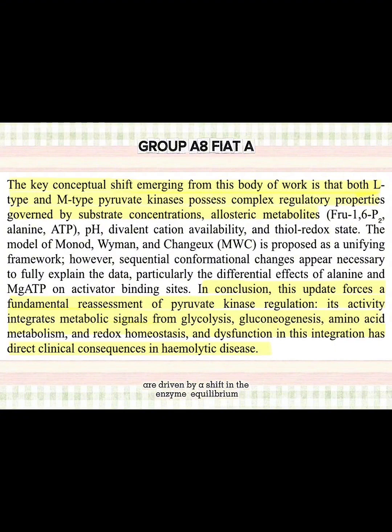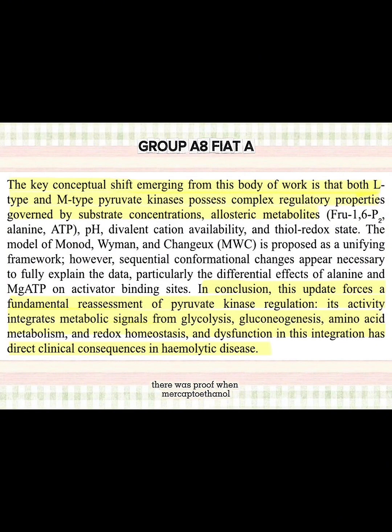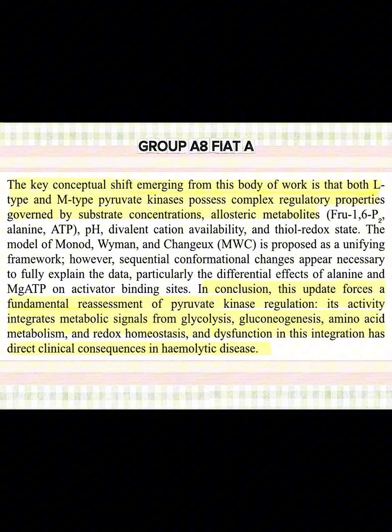These are driven by a shift in the enzyme equilibrium toward the active state, caused by secondary thiol (SH) oxidation rather than the primary genetic defect alone. There was proof when mercaptoethanol treatment successfully restored normal enzyme kinetics.